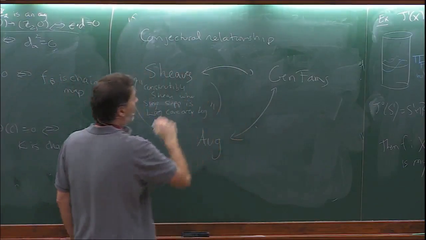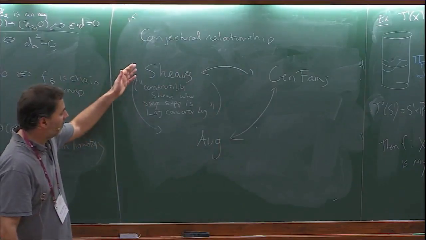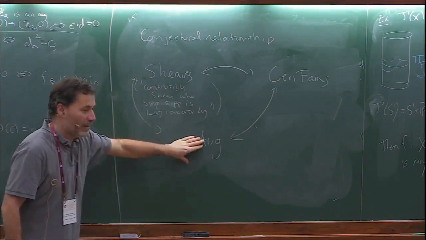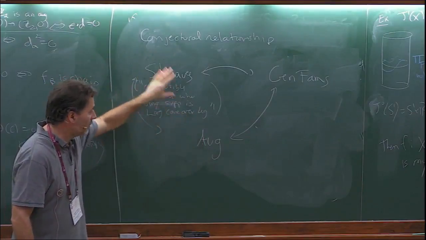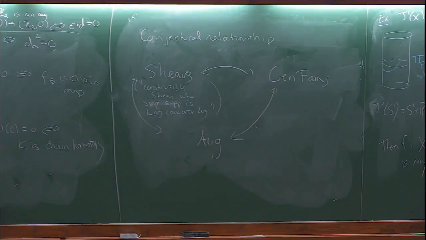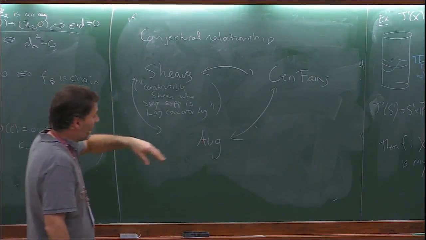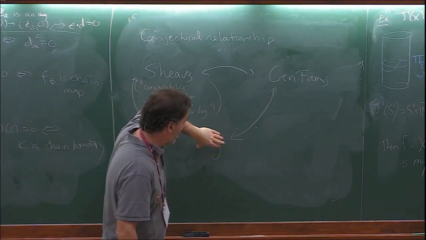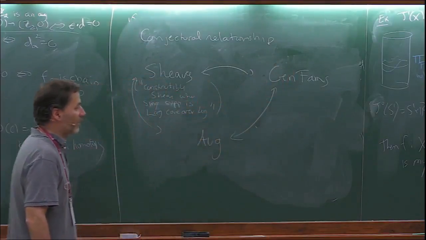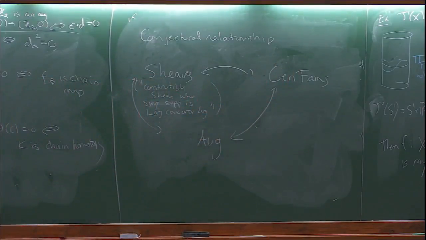For example, in dimension 1, there's a result that says there's an A infinity category of sheaves and an A infinity category of augmentations, and that they're equivalent. Here, I've just mentioned this one result. You have an augmentation if and only if a generating family, for knots I only admit, but there's an A infinity category statement for knots too.